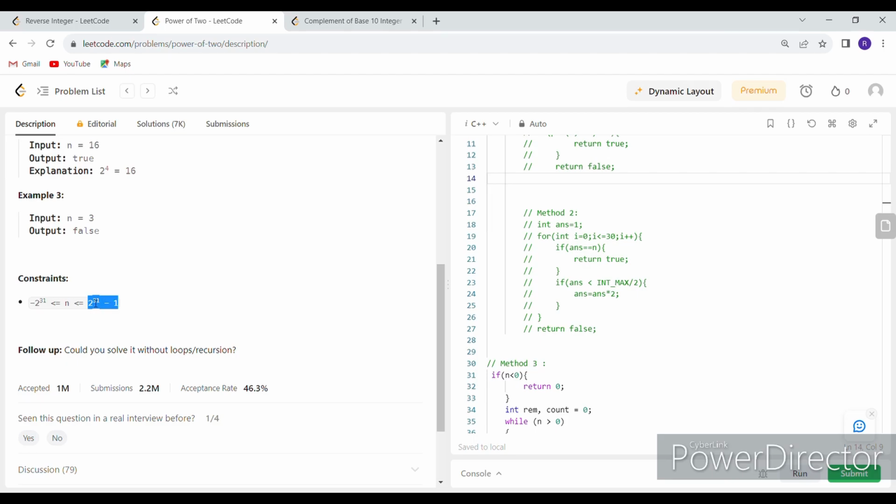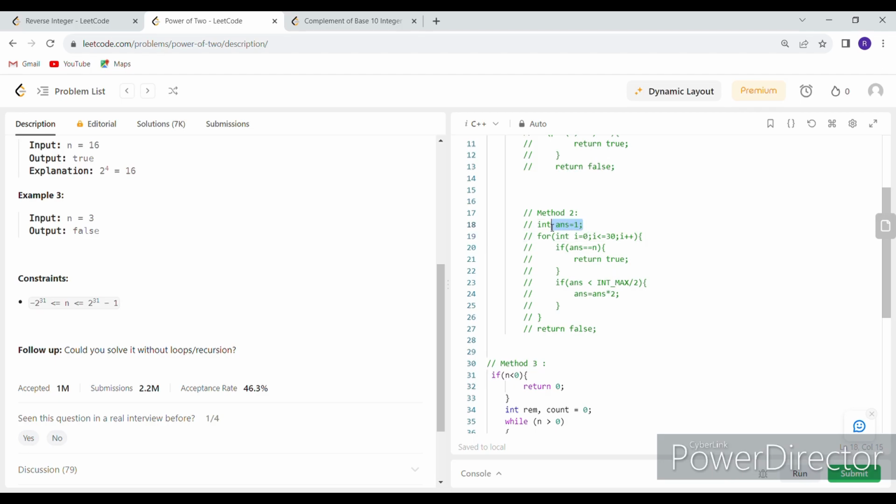No need to find for 2 raised to 31 because it is minus 1 over here. So I have applied a loop from i equal to 0 to i less than or equal to 30, and every time I'm comparing whether the answer is equal to the given number n or not.